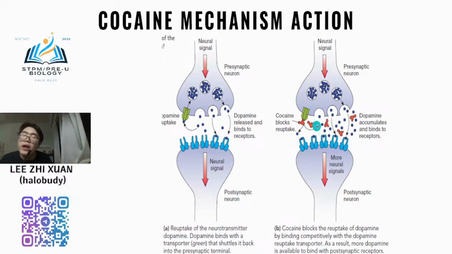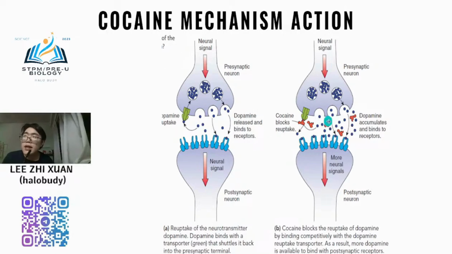So it will bind to the receptor of the postsynaptic neuron again and again. At the same time, when there is a neural signal, it will release a high amount of dopamine again. So in the synaptic cleft, the dopamine concentration can only increase, cannot decrease, because cocaine already blocked that.